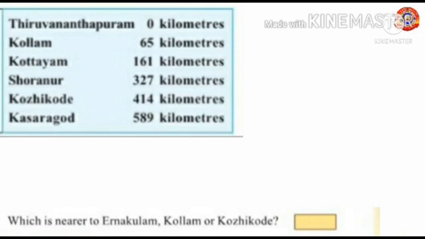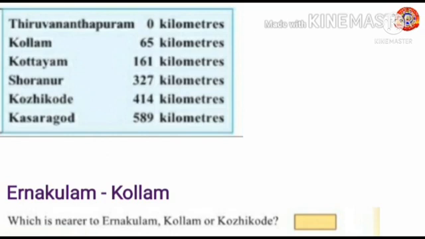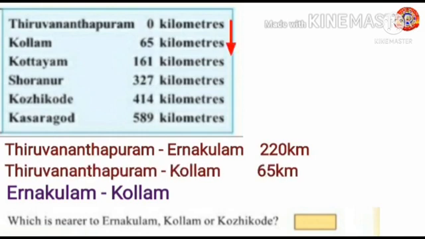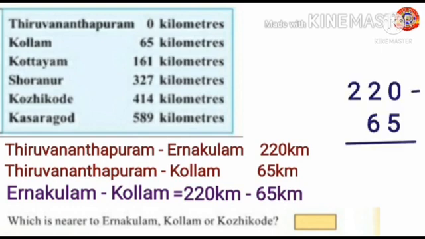At first, we have to find the distance from Ernakulam to Kollam. We know that the distance from Thiruvananthapuram to Ernakulam is 220 km. And the distance from Thiruvananthapuram to Kollam is 65 km. So, to find out the distance from Ernakulam to Kollam, subtract 65 km from 220 km. 220 minus 65.